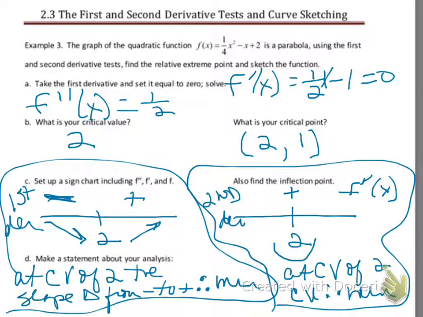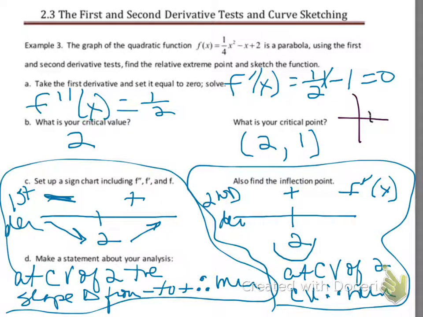So let's go on. Now we can quickly do a sketch. I'm just going to do this up here in the interest of time, and I'll change my color so you can see what I'm doing. So what can we do for a sketch? Here's (2, 1).